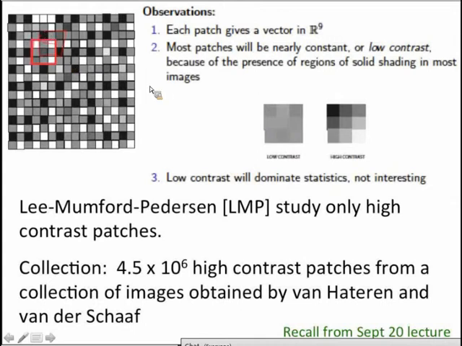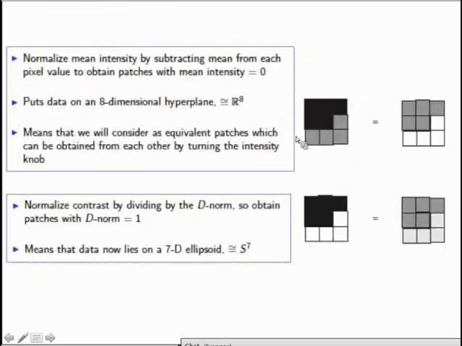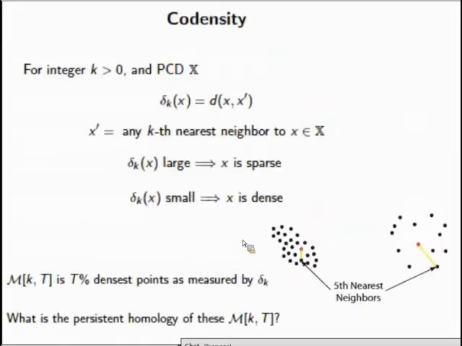So we had a vector in R^9 based upon the gray values, but then did a few projections, so we got the mean intensity to be 0 and then divided by the norm, so it now lived on a 7-dimensional sphere. So those were our data points.